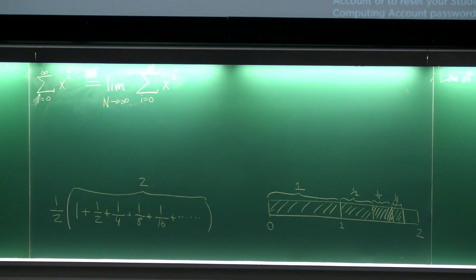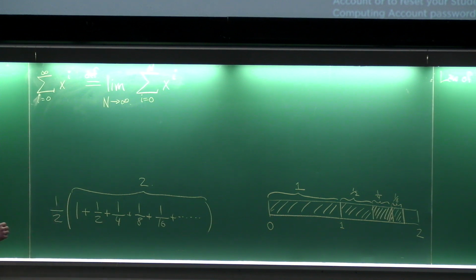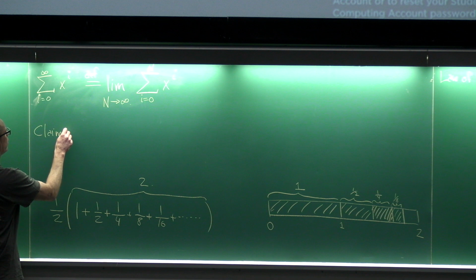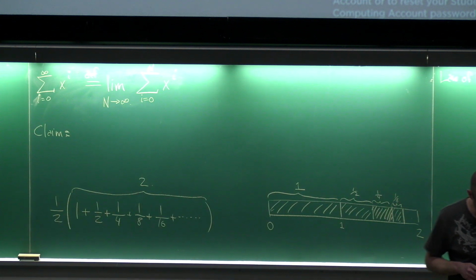All right, so that says if we want to know the value of this infinite sum, we should figure out the value of this finite sum. And so here's a claim. Let me make sure I don't get off by 1.